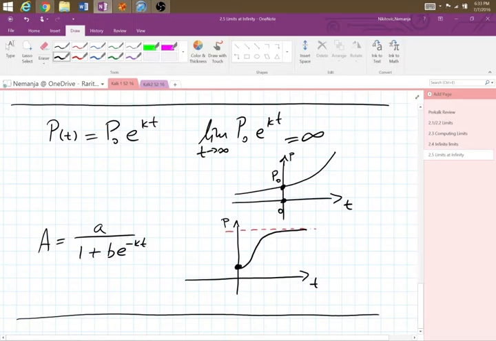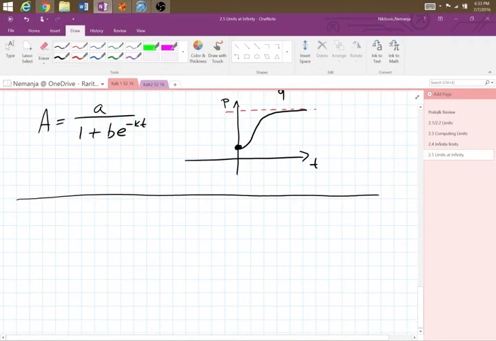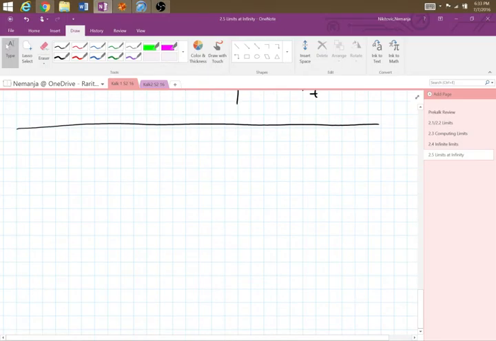I would like to bring up one more application of this, and then we'll take a look at those graphs. So we covered so far two different types of limits. We have limits at infinity and infinite limits.